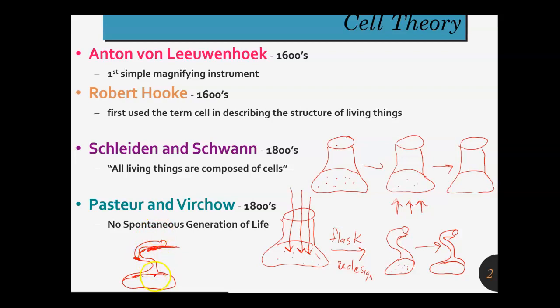But before the air could reach the broth, all of the bacteria had settled out. So this is how they came up with this concept that there's no spontaneous generation of life. So in other words, life comes from life.